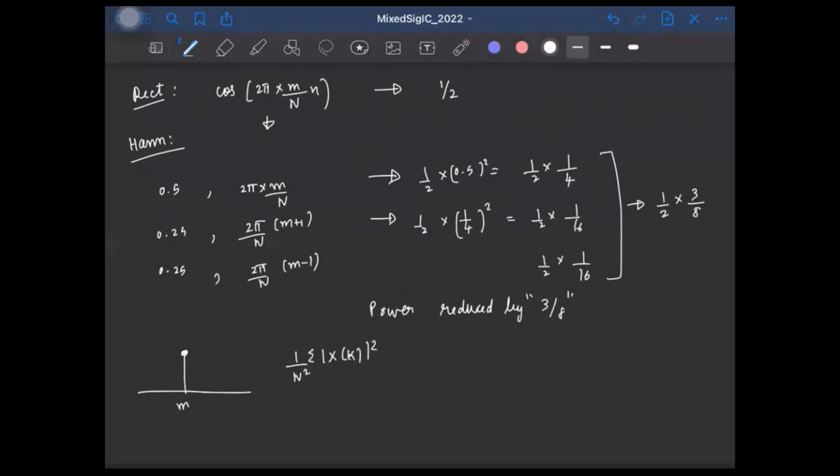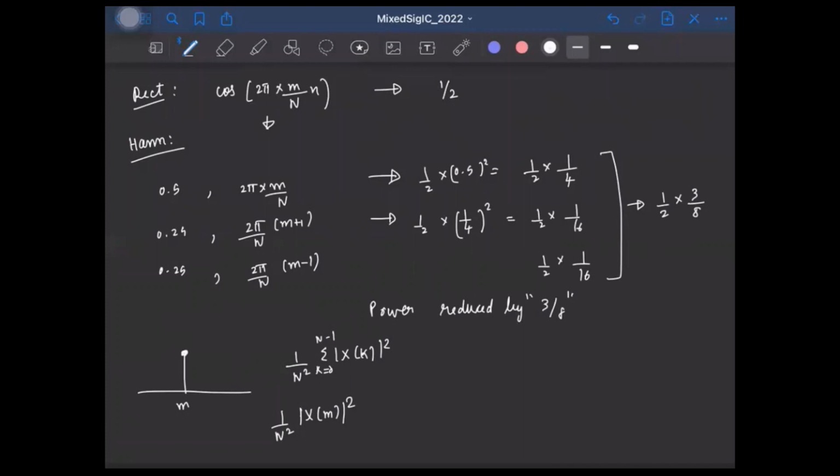That is mod Fourier transform squared times 1 by n squared, and we vary k from 0 to n minus 1. In this case, for a sinusoidal signal, the power is in only this bin, and of course the other bin at n minus m, which I'm not considering for now. So what we'll simply do is take the magnitude squared of the mth bin and multiply by n squared, right? And this will give me the power of the sinusoid.